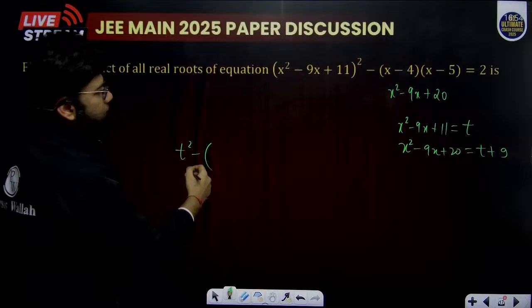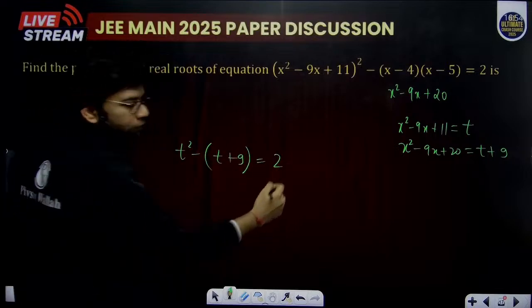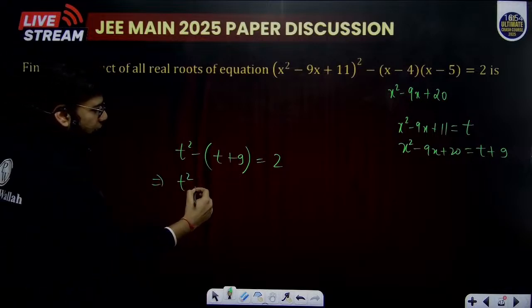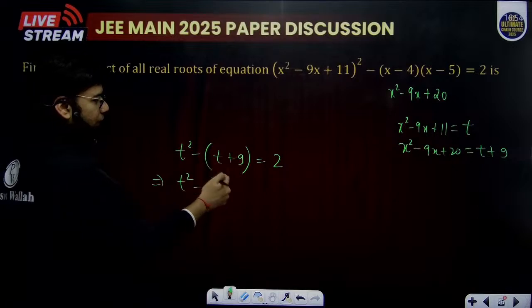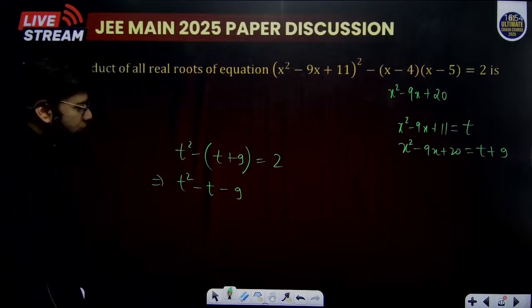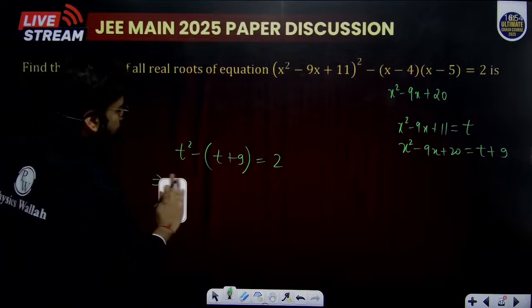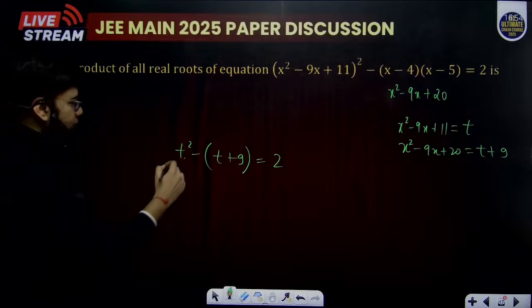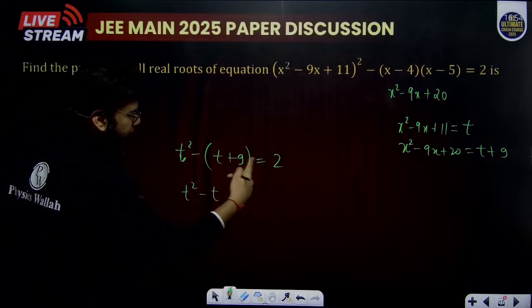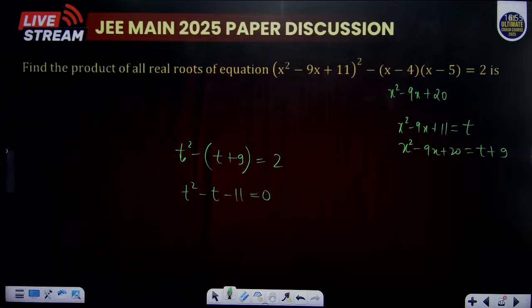So this will become t square minus t plus 9 equal to 2. t square minus t minus 9 minus 2, correct? t square minus t minus 9 minus 2, that is minus 11, equal to 0. So this is what we are getting.